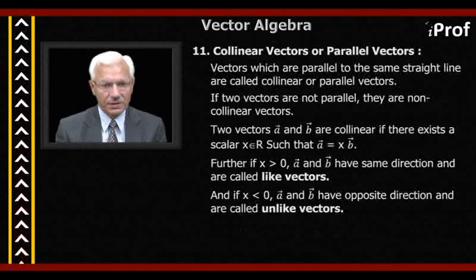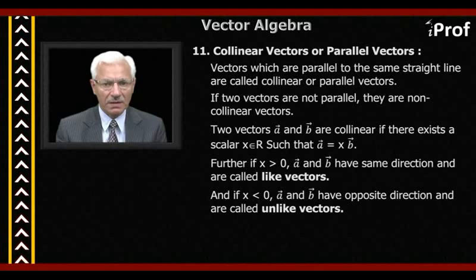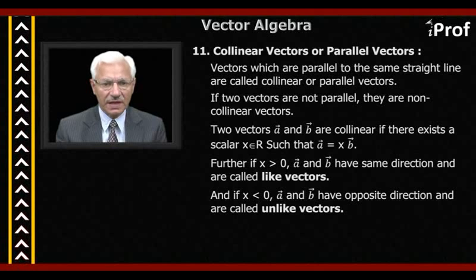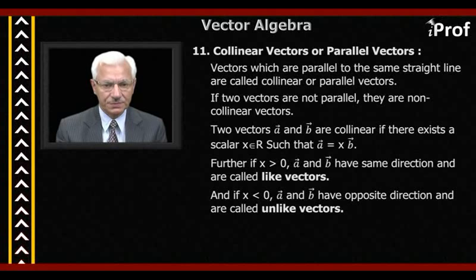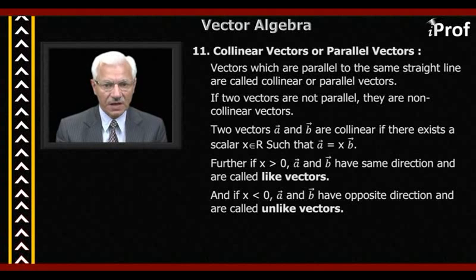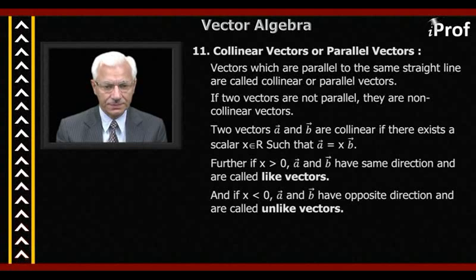Next is collinear or parallel vectors. Vectors which are parallel to the same straight line are called collinear or parallel vectors. If two vectors are not parallel, they are non-collinear vectors.